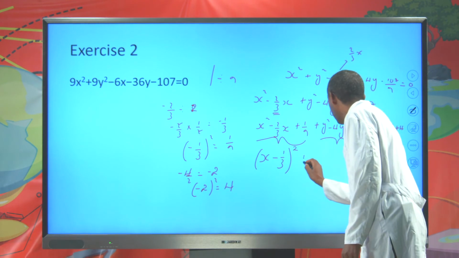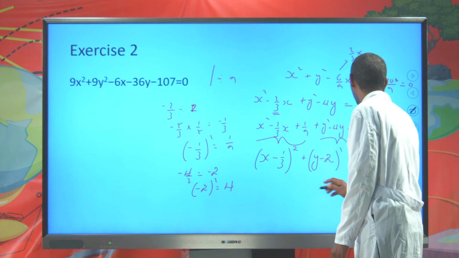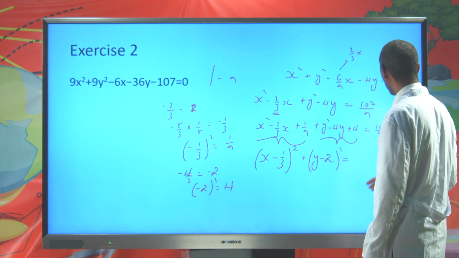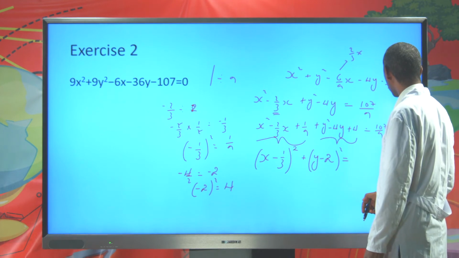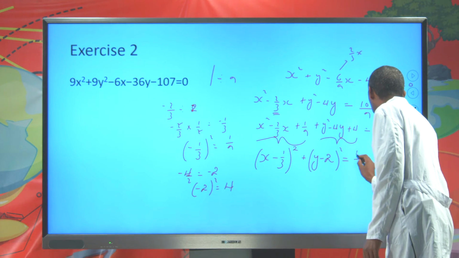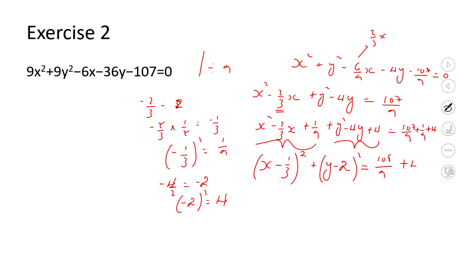Then this becomes y minus 2, the whole square. Then let's try to simplify the other side of the equation. So if we add 107 over 9 plus 1 over 9, since they have the same denominator, we get 108 over 9 plus 4. So let's further simplify it.